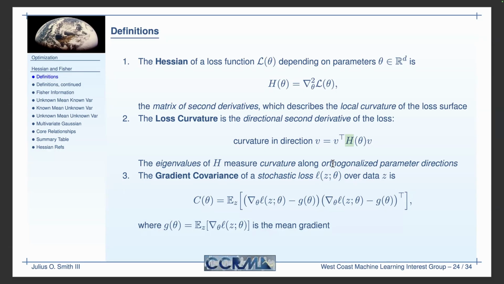So if we stick to just two dimensions, which I can almost wrap my head around, then the Hessian is going to be a 2 by 2 matrix, and basically when I think of the terms, what I think of is an ellipse.